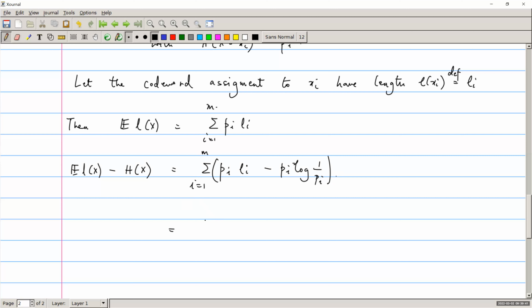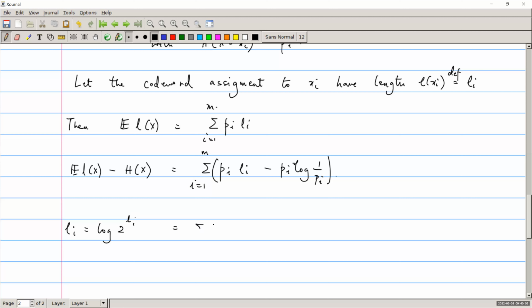So we are going to write li as log of 2 to the li. Remember, logs are to base 2. All logs, if we don't say anything, are to base 2. So we write li as log of 2 to the li.